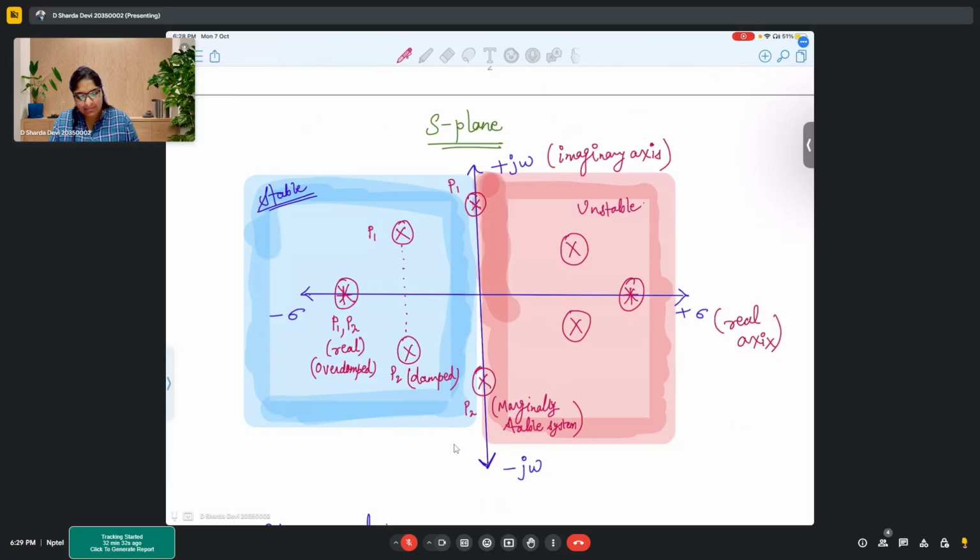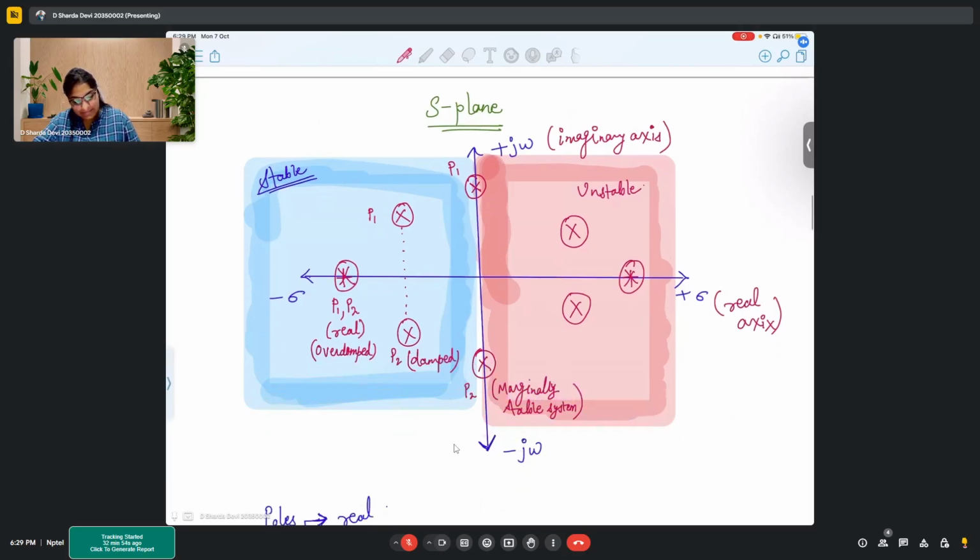And this is mostly covered in signals and systems, system stability kind of courses. But for analysis of stability, this is the key concept.